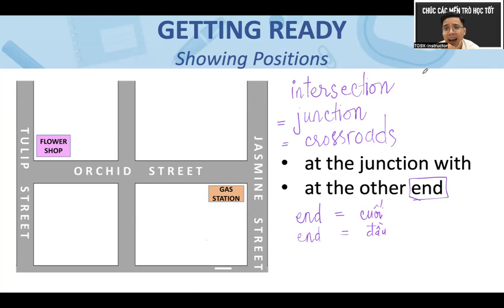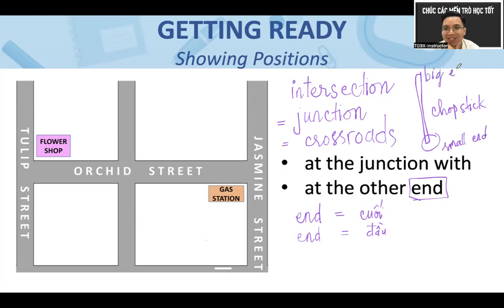For example, this is a chopstick. A chopstick usually has two ends: a small end and a big end, or a blunt end.